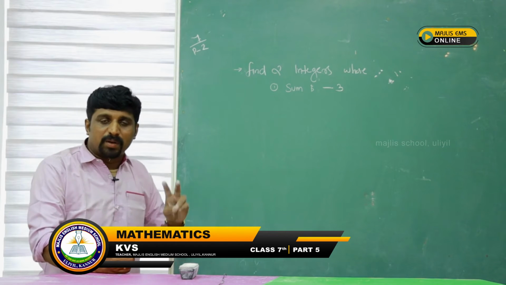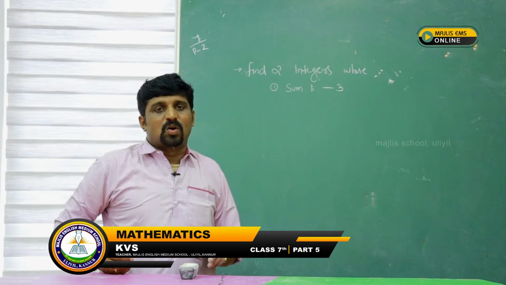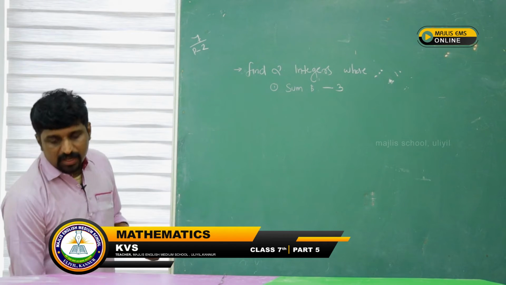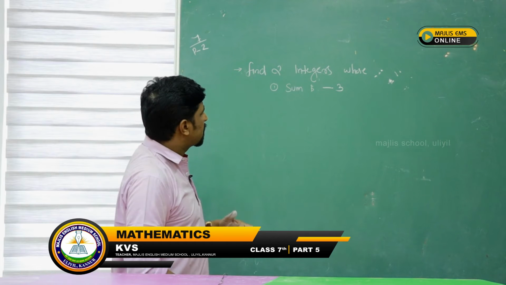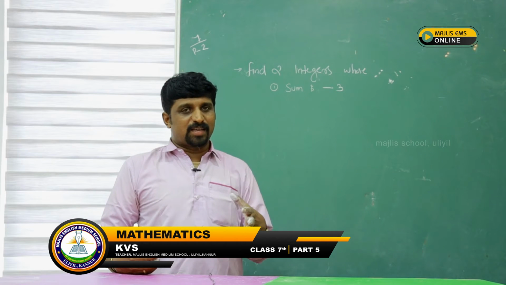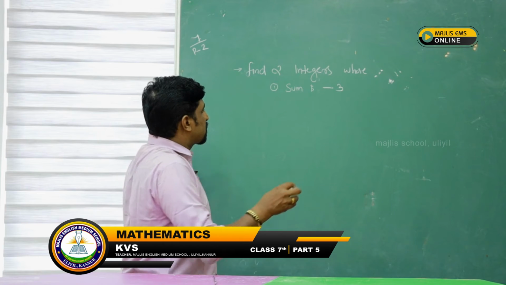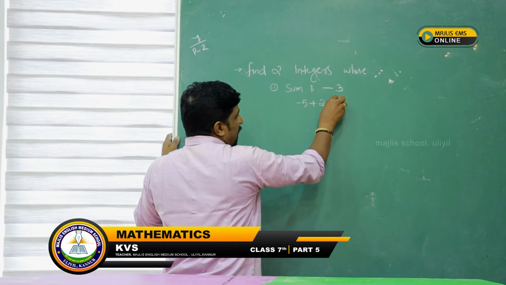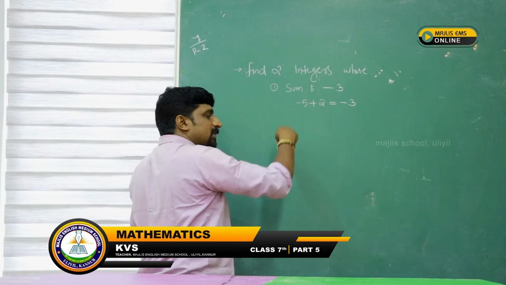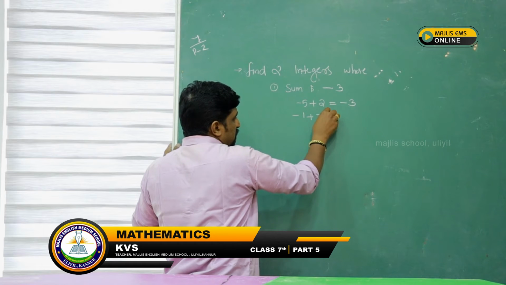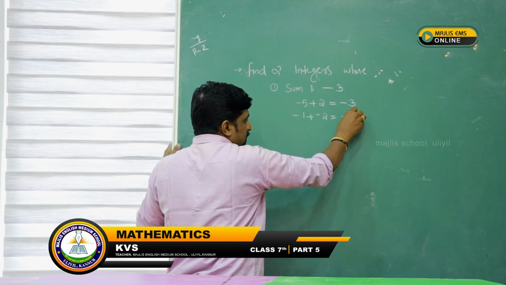You can add two integers, and always we need the answer minus 3. Many numbers are possible, so I can give 2 or 3 here. Suppose we consider minus 5 plus 2, the answer is minus 3. Then minus 1 plus minus 2, we got the answer minus 3.